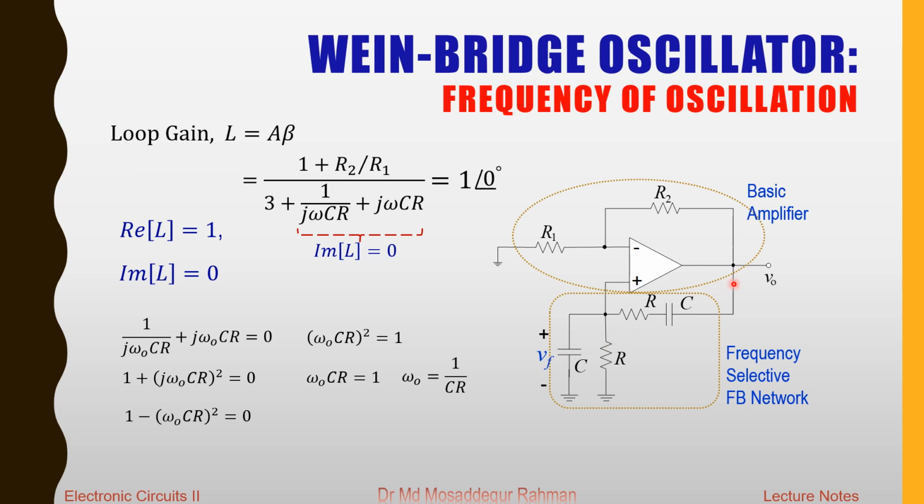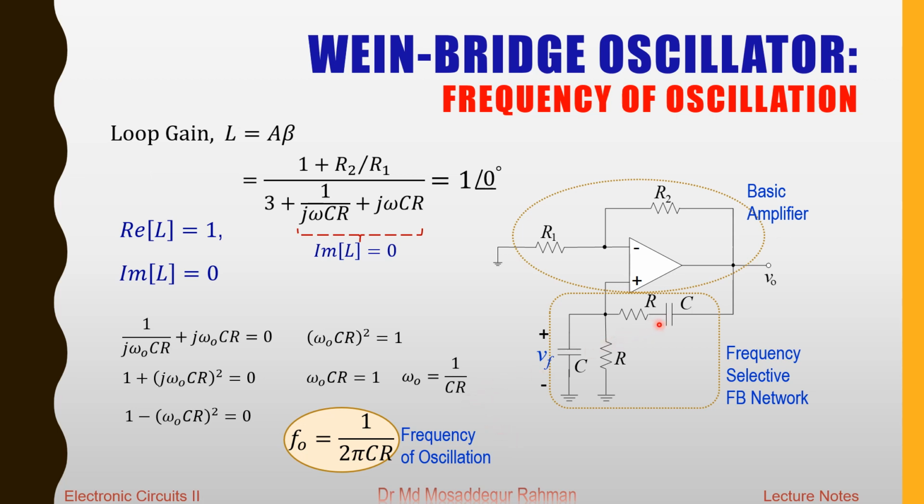That means the frequency for which you will have sustained oscillation at the output is this frequency. This is an angular frequency, radian per second, and we can express it in hertz, regular frequency, f0 equals 1 over 2 pi CR. So that will be our frequency of oscillation. So the circuit component values, R and C, will determine at what frequency the circuit will oscillate, or what will be the frequency of the output signal.